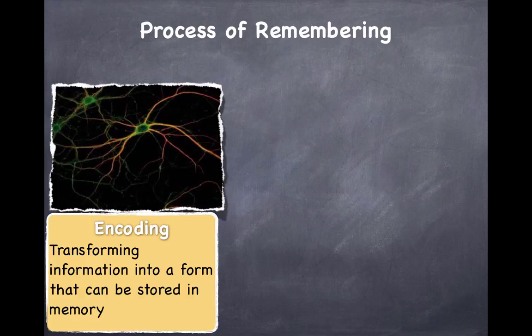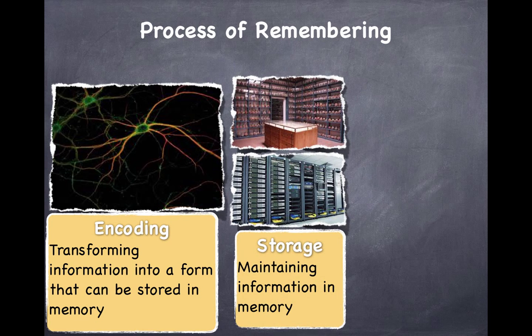Now, of course, we're not limited to that, but once we do have what we would call our encoding, we then have to create storage, basically maintain the information for memory. These are done physiologically, that is to say that in our brain there are physiological changes that occur to support memory.